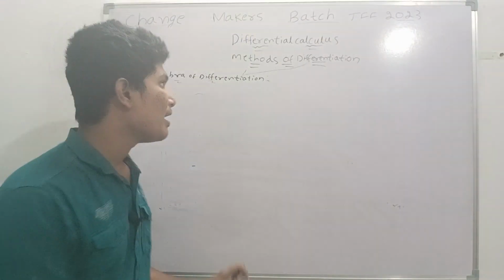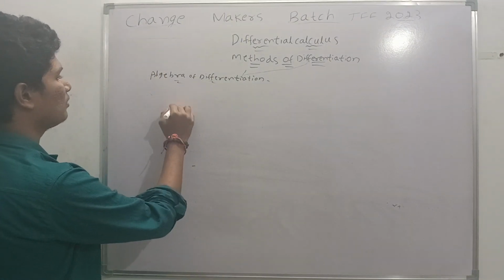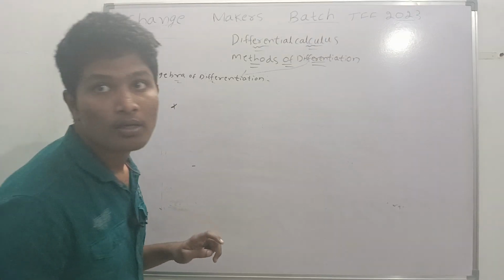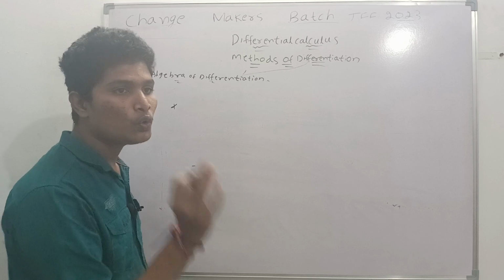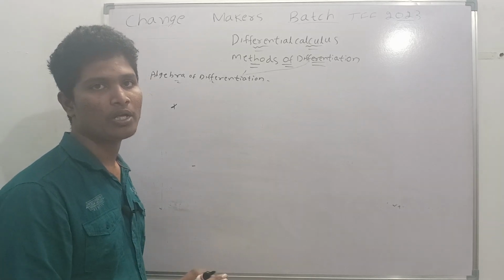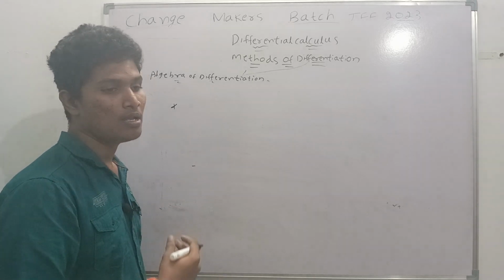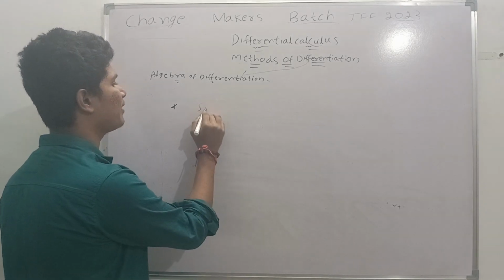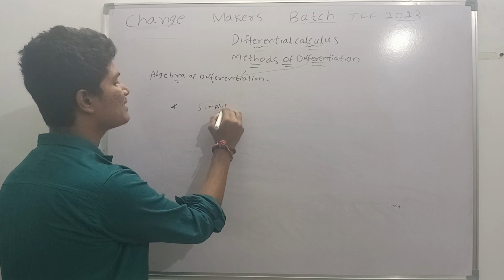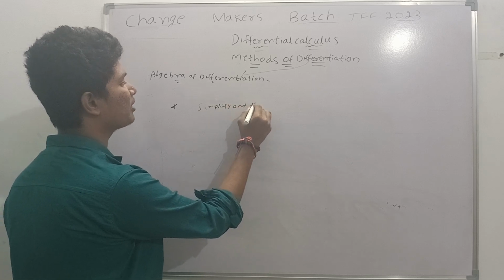And next, this is the most important thing. In the differentiation chapter, you should not be in a hurry mode in order to solve these questions. Because in differentiation, it is very important to first simplify. First simplify and then differentiate.